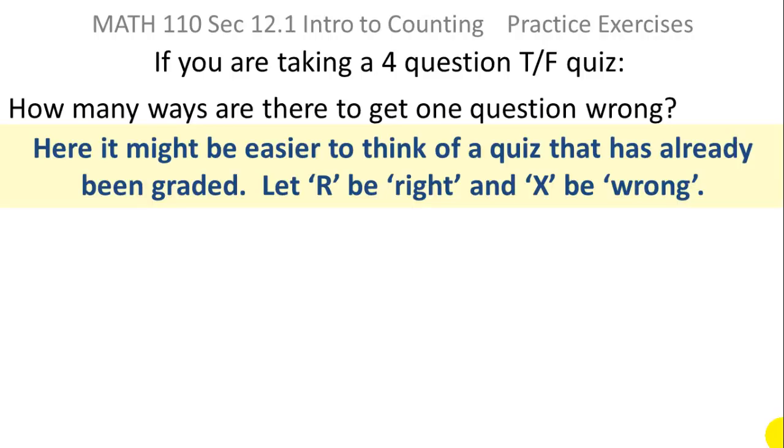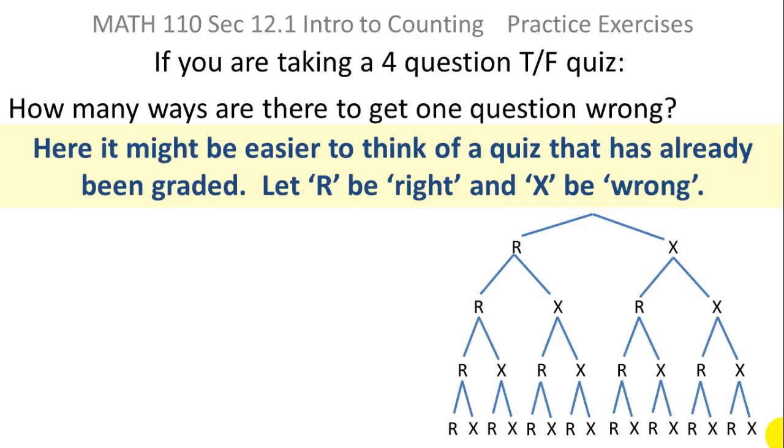So if you think of the tree diagram, but instead of T and F, think of right and wrong, R and X. There are 16 ways that you could get graded on that quiz. You either got them all right or got them all wrong, or there are 14 combinations in between where you'd get some right and some wrong.